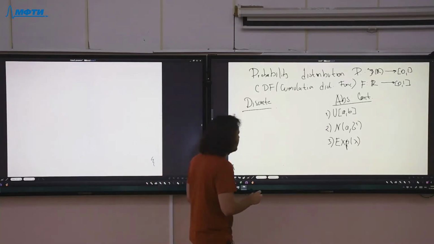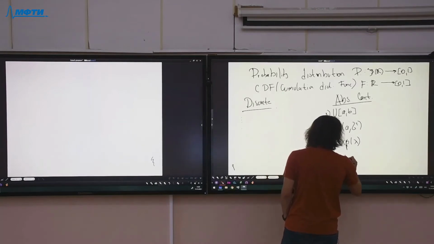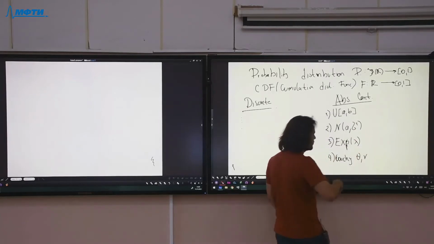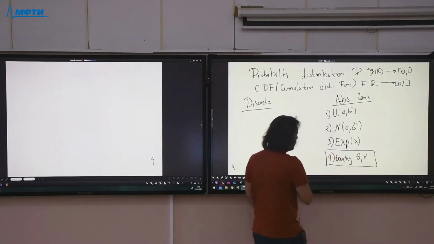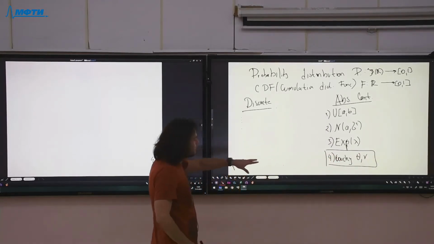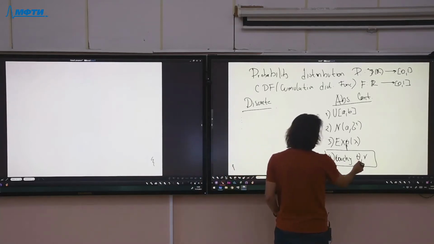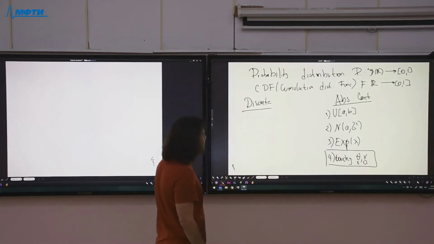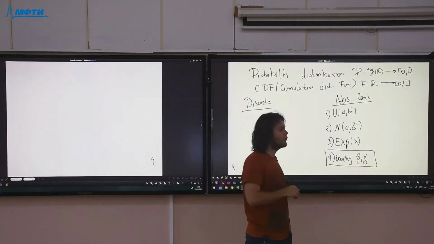And we have the Cauchy distribution with parameters, I don't know, theta and R. Let's call it theta and R. Okay, so this one is complicated. So I think we will talk about it in the case when this is 1 and this is 0, right? And that's all that we know by now.